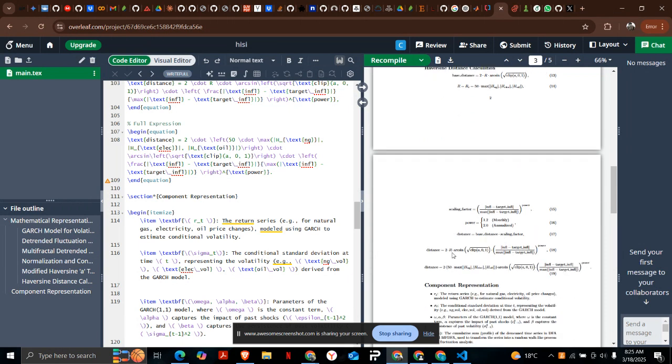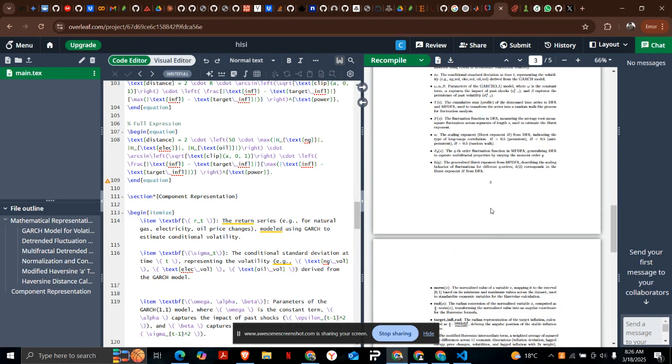So this becomes 2 times r, arcsine of clip. Again, we are constraining the value of A to be between 0 and 1, then times the inflation minus the target inflation over the maximum inflation minus the targeted inflation, times the power. In this instance, I was utilizing 1.2 and 2.0. This is after basically experimenting.